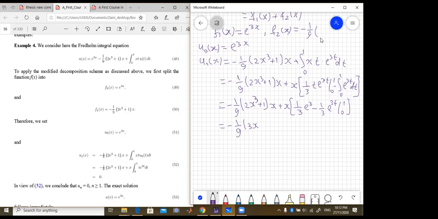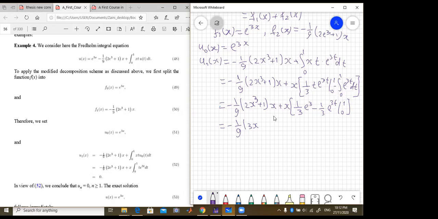So F2 is minus 1/9 (2e³ + 1)x. This is a constant actually, times x. You see? Okay, this one is correct.